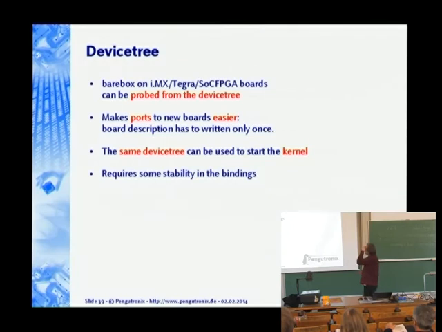There's a downside to that, and everybody who has known device tree in the past probably knows that device tree very much depends on the stability of the bindings. So since we have device tree based kernels, one of the reasons, or the most prominent reason why boards refuse to boot is that something changed in the device tree and some other component didn't take care of that.